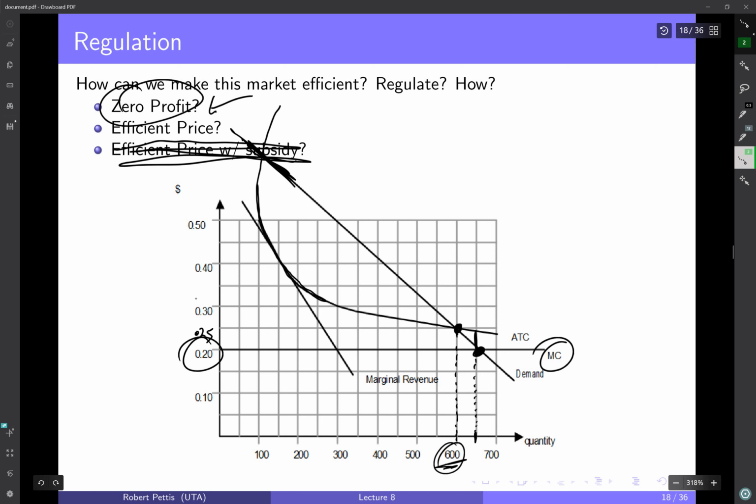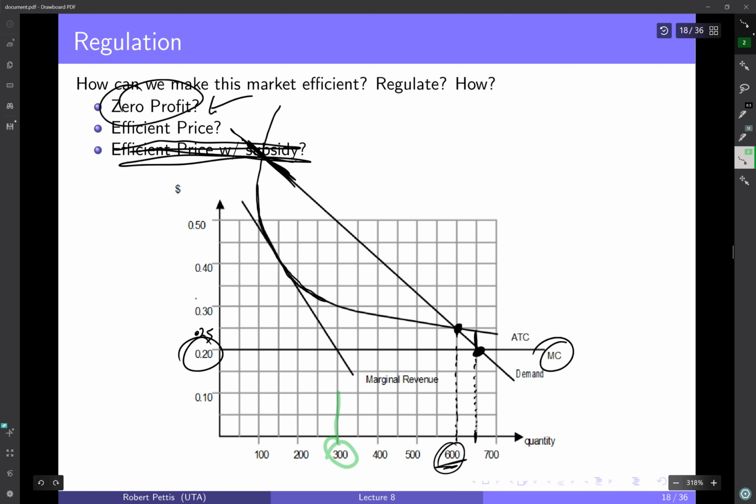Well, we would try not to choose this one, I would think, right? And the reason we would try not to choose that one is because this quantity, if we go down here, is going to be around 100. Well, that's even less than we would be getting in the monopolist, where this marginal cost and marginal revenue curves equal.